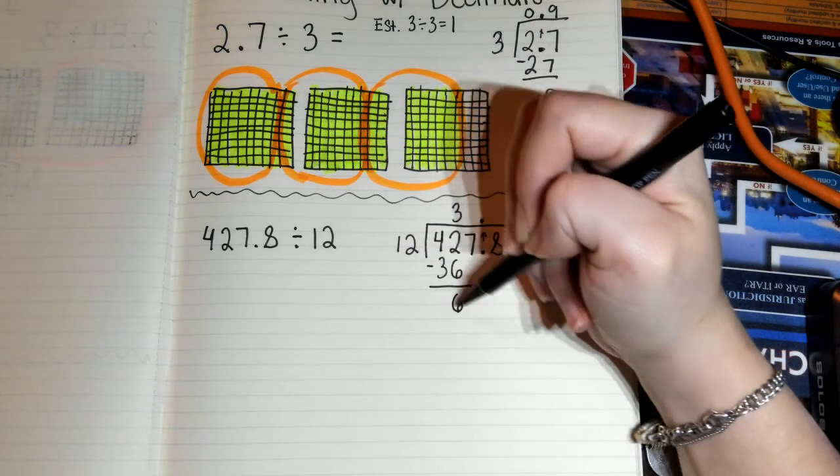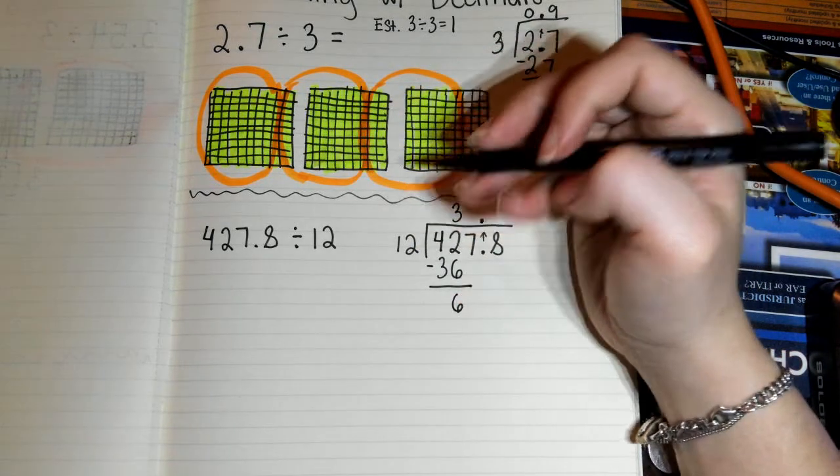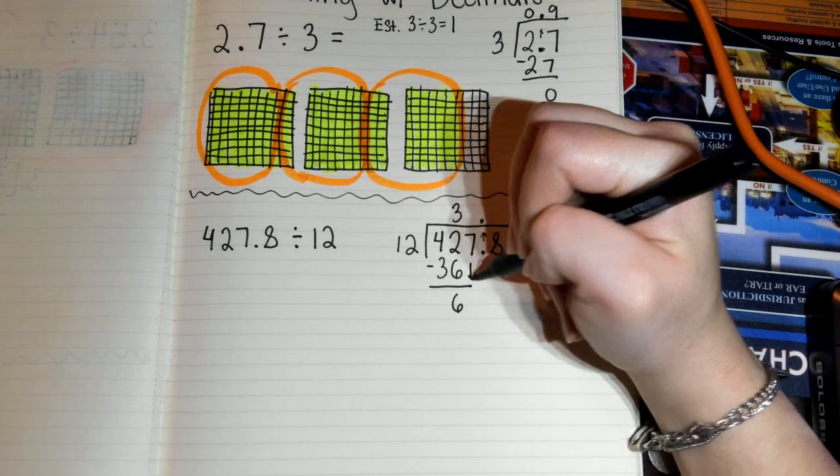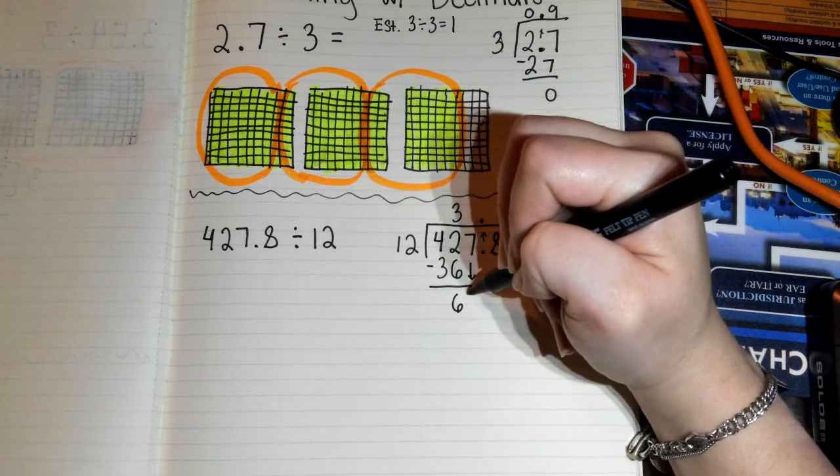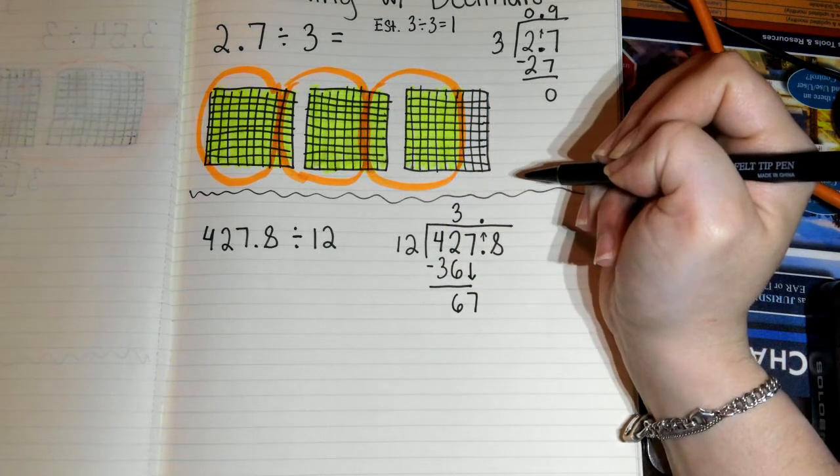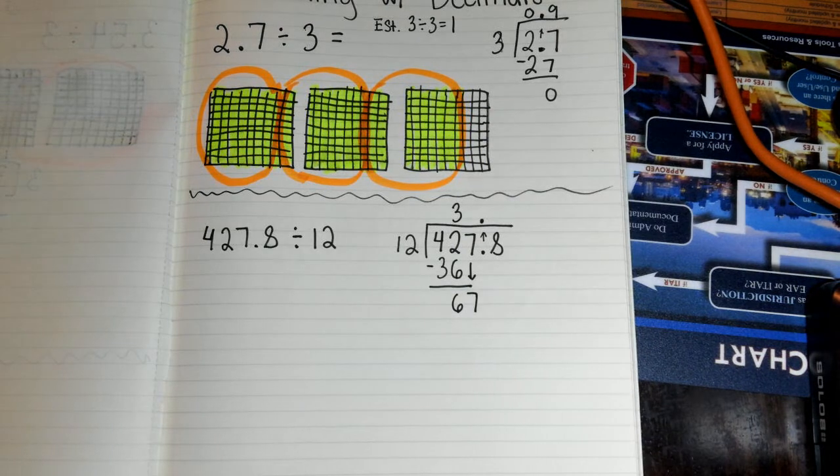Now, that's good because 12 can't go into 6. That's what's supposed to happen. So now you pull down one number, only one number. You get a 7, 67. Okay, well, yeah, 12 can go into 67 for sure. It might not go in perfectly, but it should go in, right? And again, this takes some skip counting.